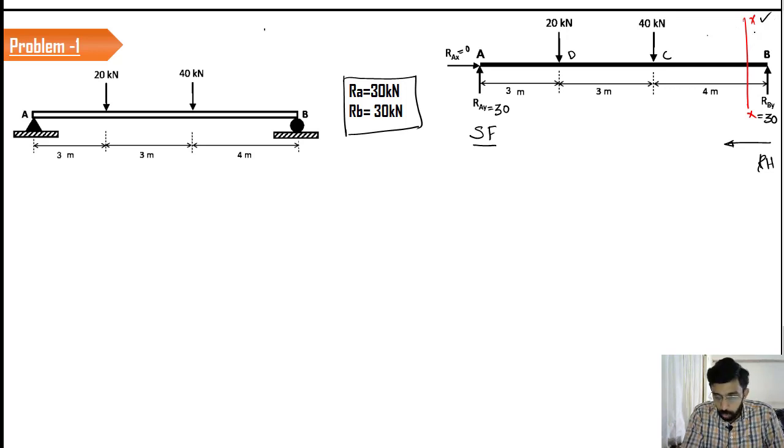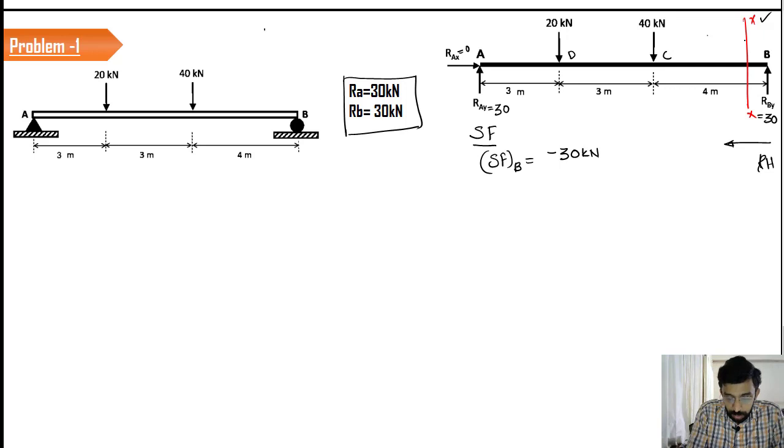So if I look towards the right hand side, then we can say that the shear force at B is equal to minus 30 kilonewton, because this 30 is acting on the right hand side in the upward direction, which is considered as negative. Okay, so we have given the sign negative.